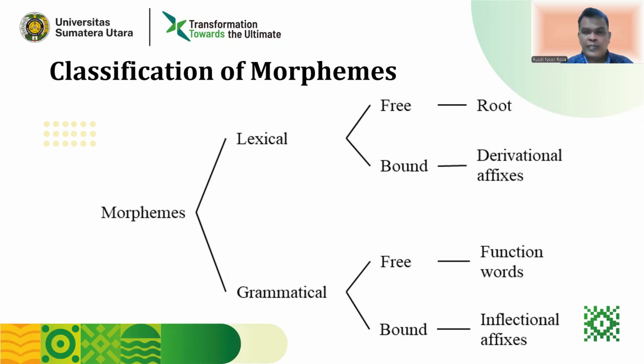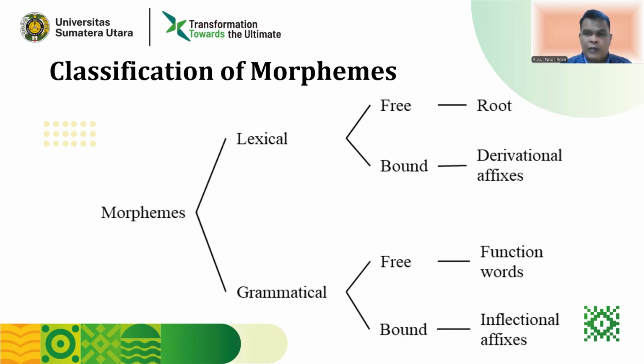So you can see here that in general, we have only two classifications of morphemes, lexical morphemes and grammatical morphemes. And these are applicable to all types of morphemes. Now, let's see. We have free morphemes in lexical morphemes, and we have bound morphemes for lexical morphemes. Free morphemes that belong to lexical morphemes are also called root.